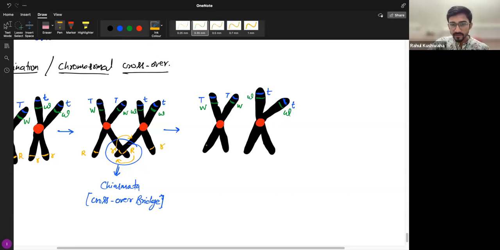But the interesting thing is, here we have capital R and here we had small r. But now on this one, what will we have? Small r, and this will have capital R, you know. So this is how the exchange happened. You understood? Because of this chiasmata bridge. Okay.